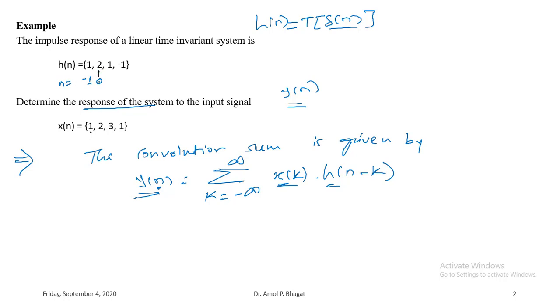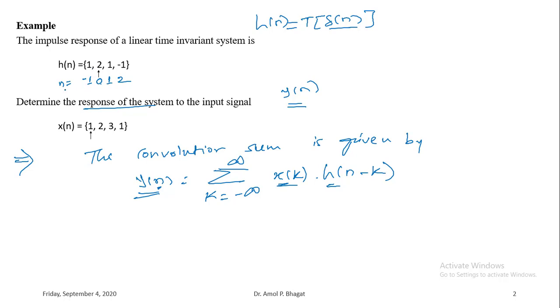It is represented by an upward arrow. At n equals 1, 1 is present, and at n equals 2, -1 is present. And on the left-hand side of the origin, at -1, 1 is present.